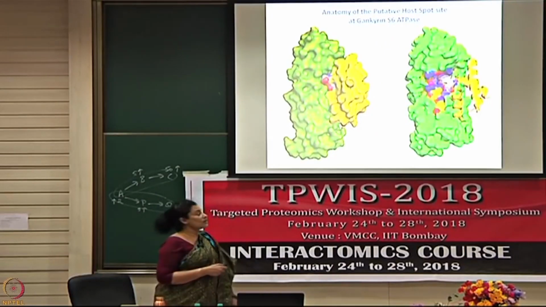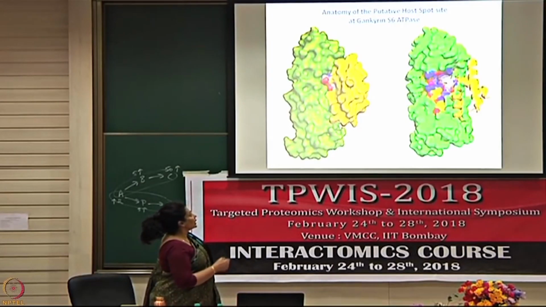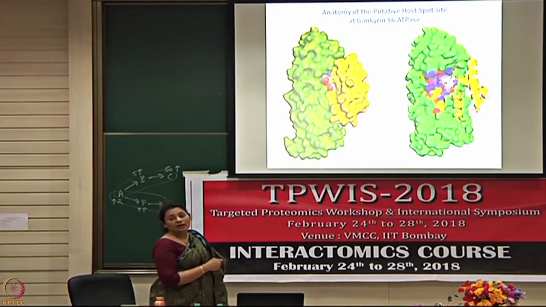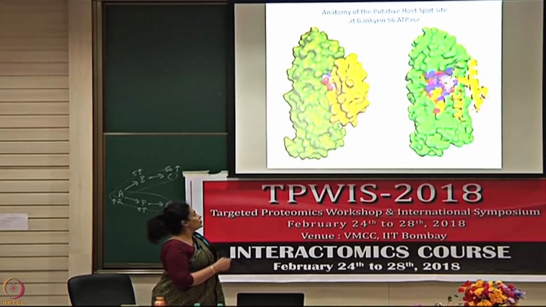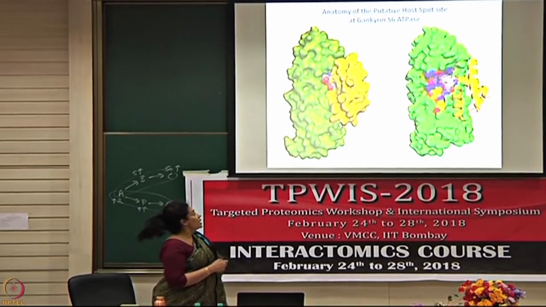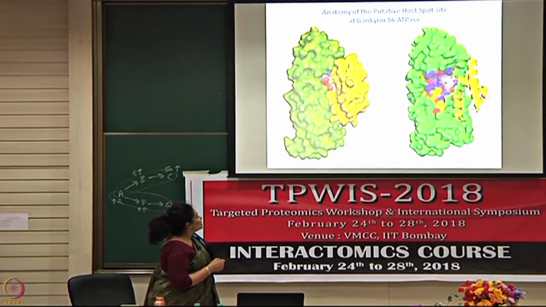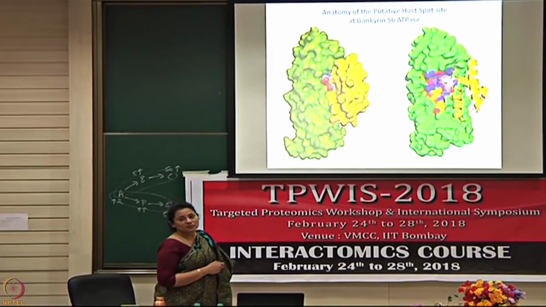What was available to us was a crystal structure of gankyrin and one of the assembly components, which is the ATPase of the proteasome, and you see that there is an interaction between gankyrin and S6 ATPase, similar to the knob and the protrusion that I showed you earlier. So we recognize this as a potential hotspot.